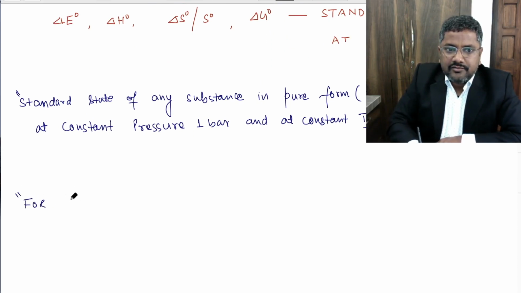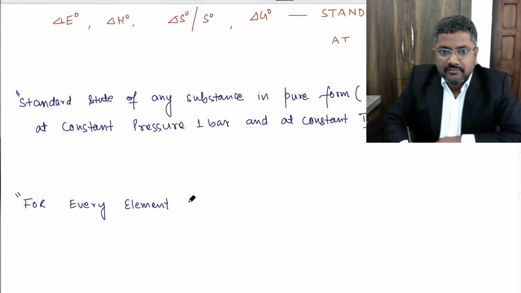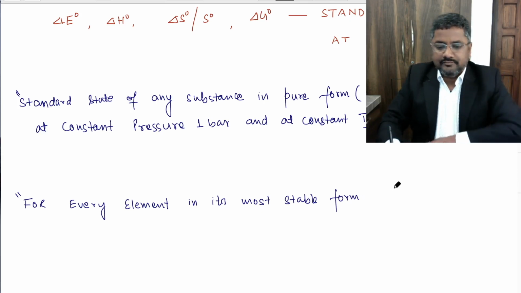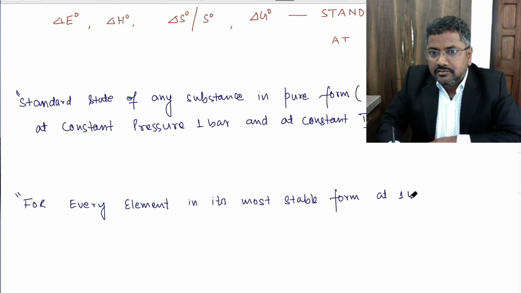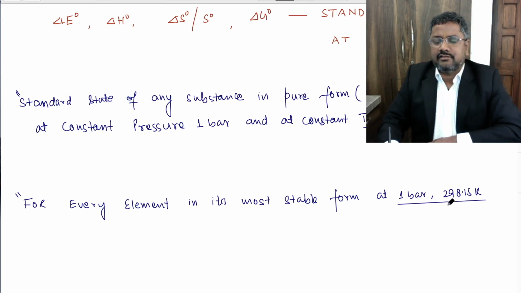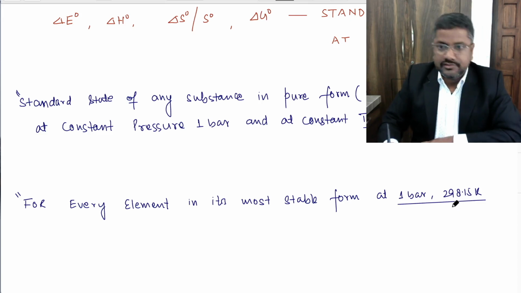For every element, this is a very important point, for every element in its most stable form at 1 bar and 298.15 Kelvin or any constant temperature, right? 1 bar, because in your syllabus this is the default, but your concept should be clear.